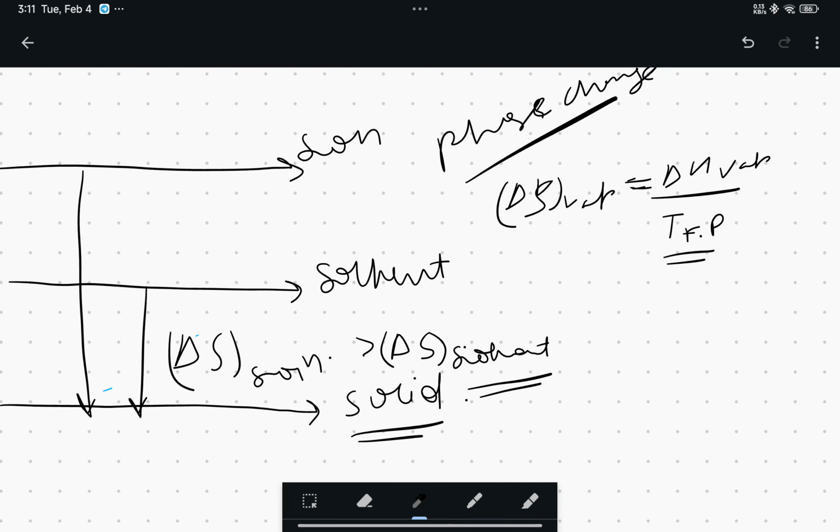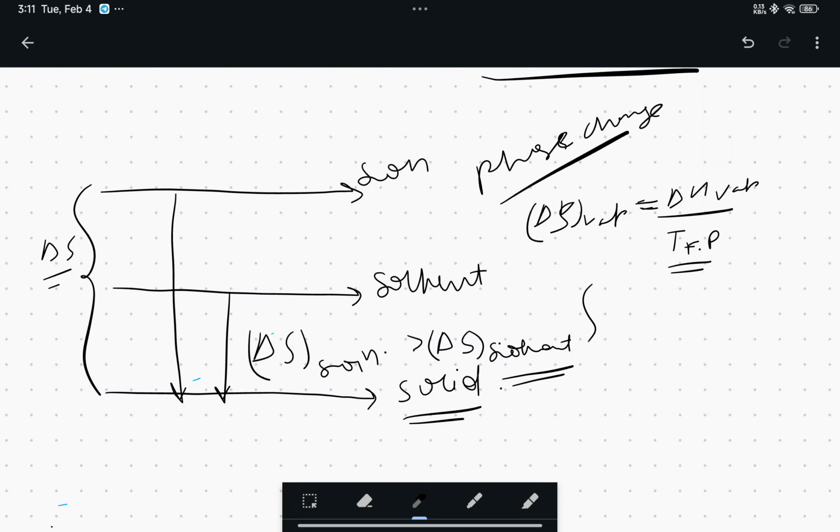So if we manipulate the equation a bit, not vaporization, here we will be having freezing, or here there is fusion.